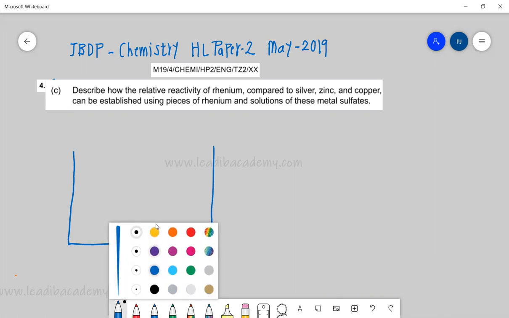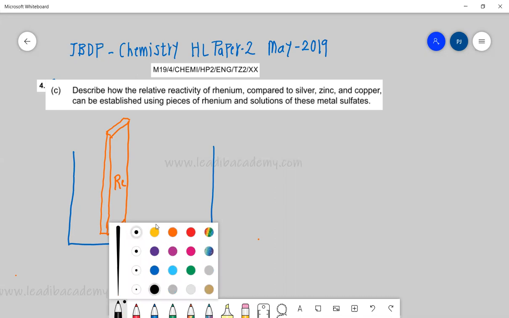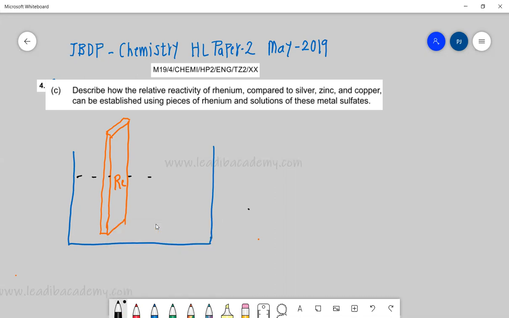Let's say there is a rhenium plate. This is rhenium. And now we have been given solutions of, let's say, silver. Let's say this is silver sulfate.